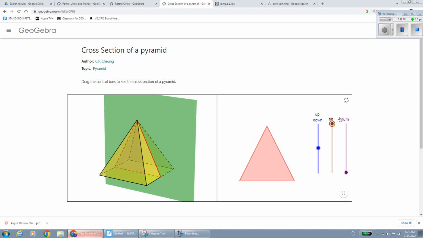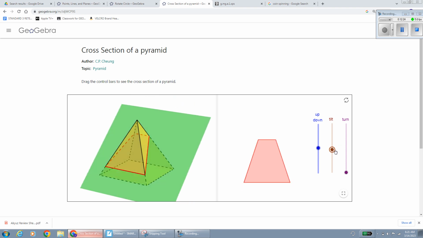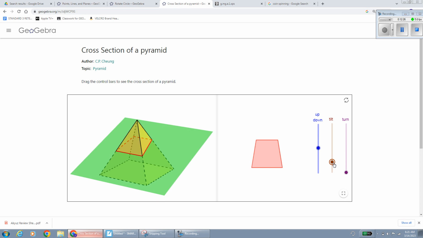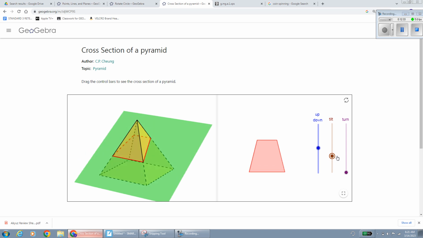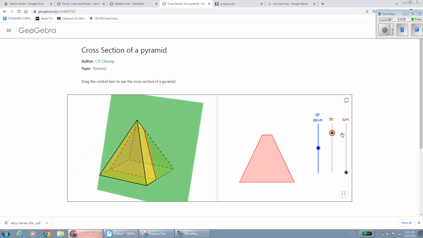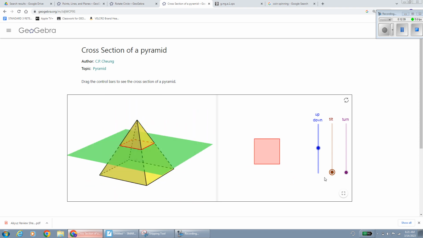If we slice it vertically, we do get a triangle. But if we slice it at some other angle, we get trapezoids. So just from this pyramid, we could get three different cross sections. We can get the square or rectangle, the trapezoid, and the triangle, all from the same pyramid.